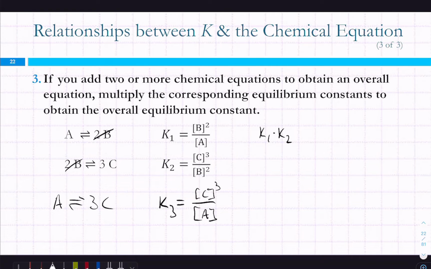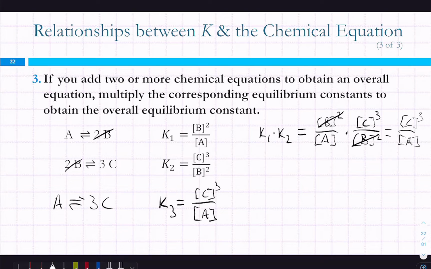So if I do K1, which is B squared over A, times K2, which is C to the third over B squared, the B squared cancels out, and we're left with just the concentration of C to the third over A. You don't need to always write this out, but it's just to show you that the result for the combined reaction is the multiplication of the K values.